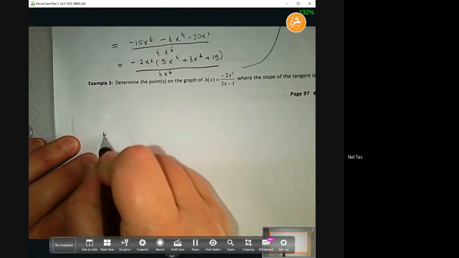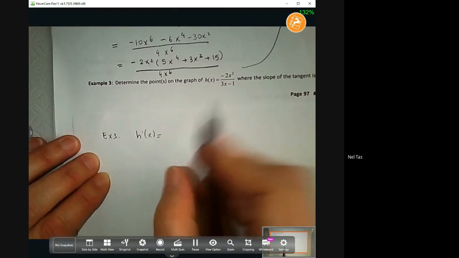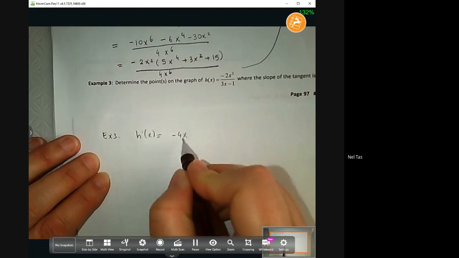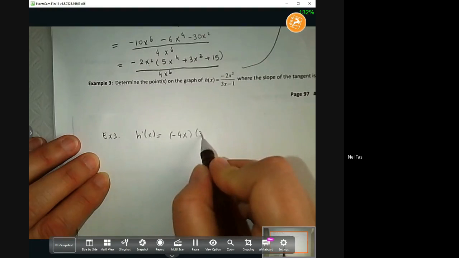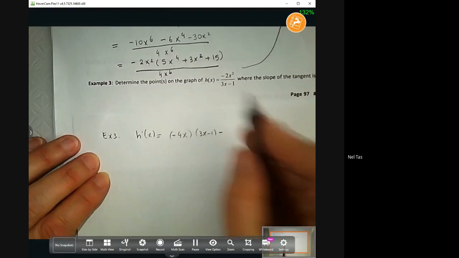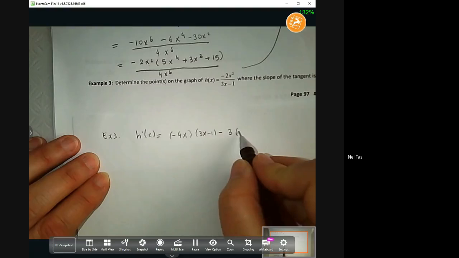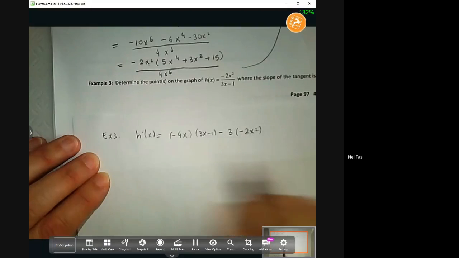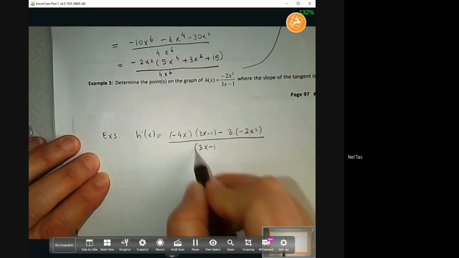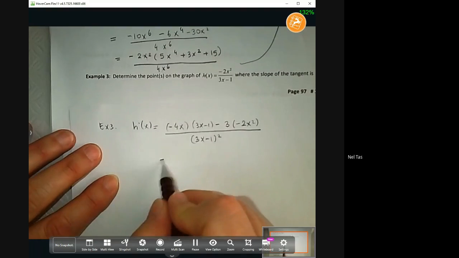So example 3, h prime: derivative of numerator, negative 4x, times denominator, minus derivative of denominator, 3, times the numerator negative 2x squared, over the square of the denominator. So let's simplify this.